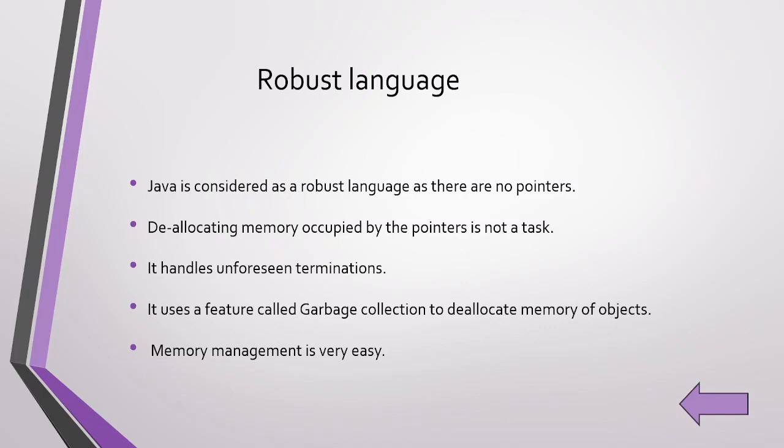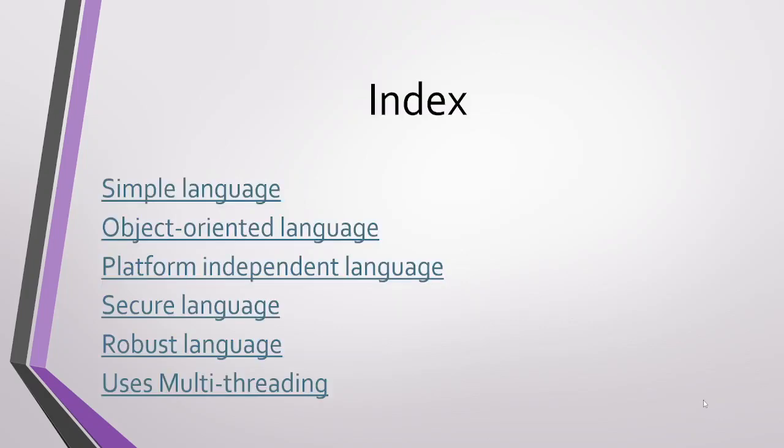Otherwise, after you execute the same program several times, the computer may crash. So, Java doesn't have pointers and memory is handled by Java itself, and it has a feature called garbage collection. After some time, it runs on its own and deallocates memory of the objects which are not in use. Thus, memory management is very easy in Java.